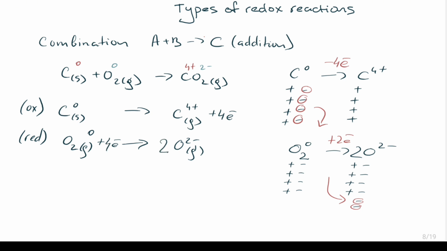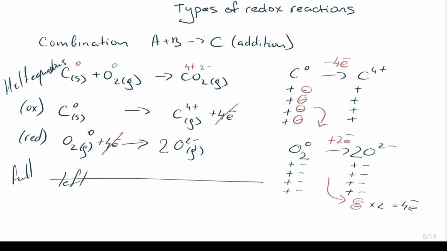So on the right side you will put 2 and multiply by 2. So here there will be 4 electrons. Cancel electrons on the right and left side of the half equations and just copy the left side, carbon 0 in the solid state plus oxygen 2 in the gaseous state, and copy the right side.